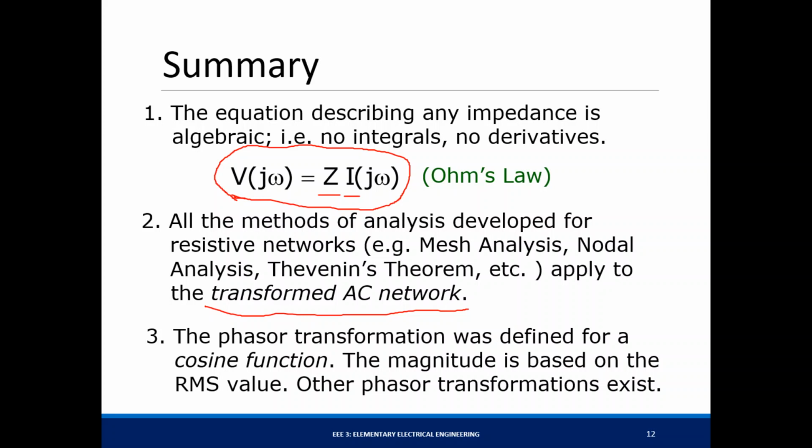And another note, your phasor transformation is defined through the cosine function right here. So the magnitude is based on the RMS value. So keep note of that when you're transforming your value from your time domain to your phasor domain or vice versa. So when we are talking about phasor transformation, it's based on the cosine and the RMS value.